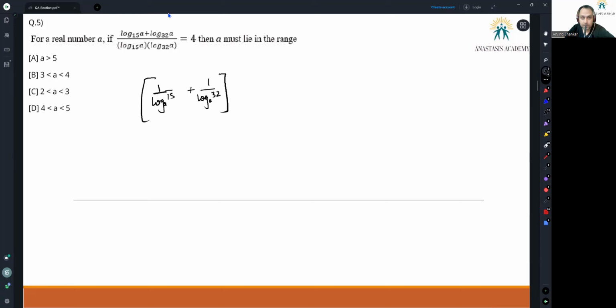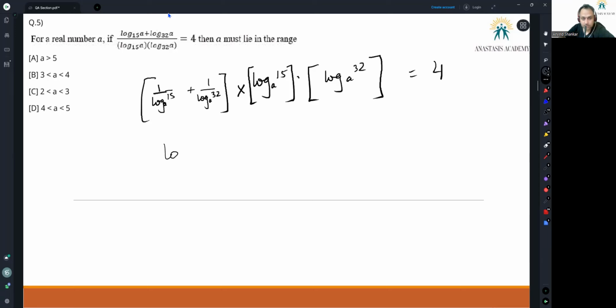The denominator, when it flips, it will go to the numerator itself, and we would have log 15 base A and log 32 base A. This is equal to 4. I'm trying to get the base everywhere identical. For the first two terms, I will also get this now.